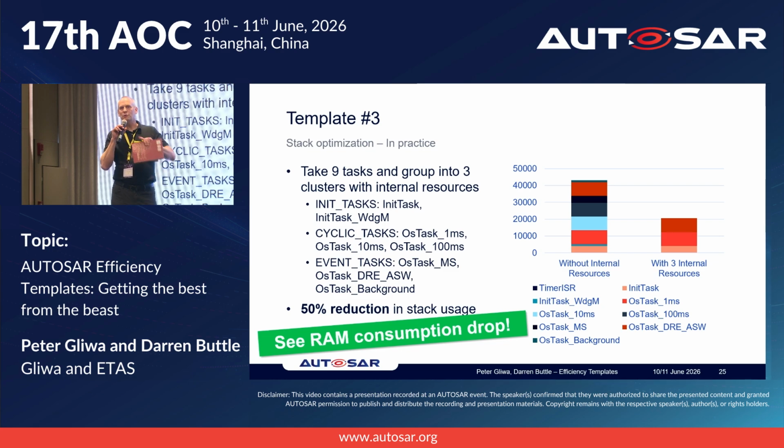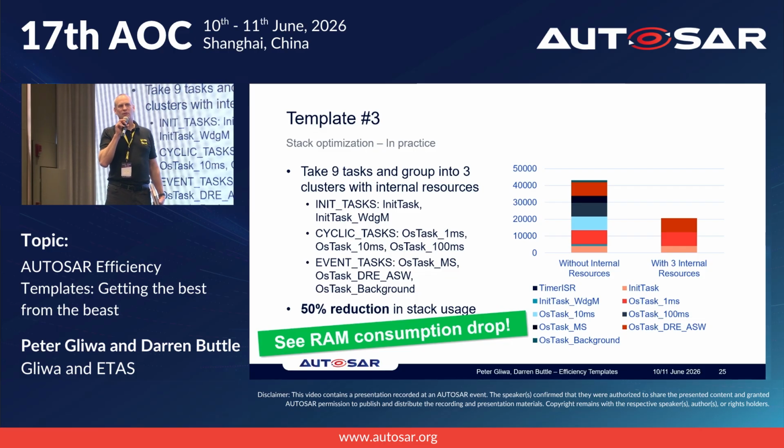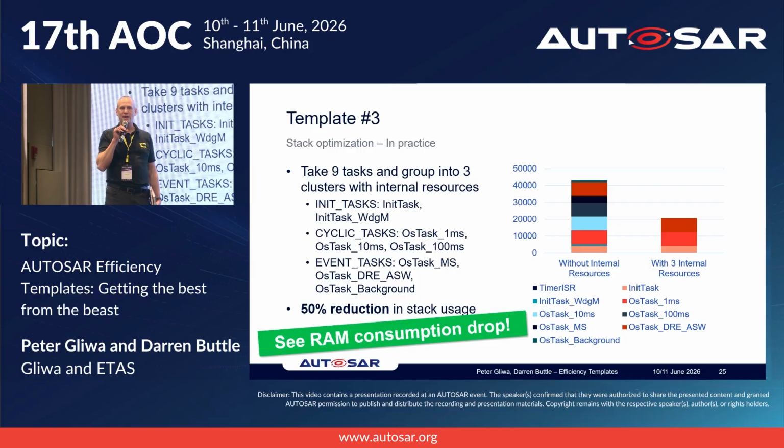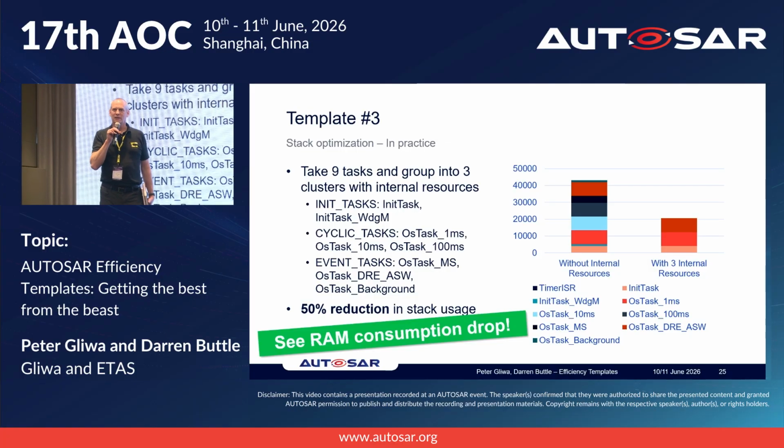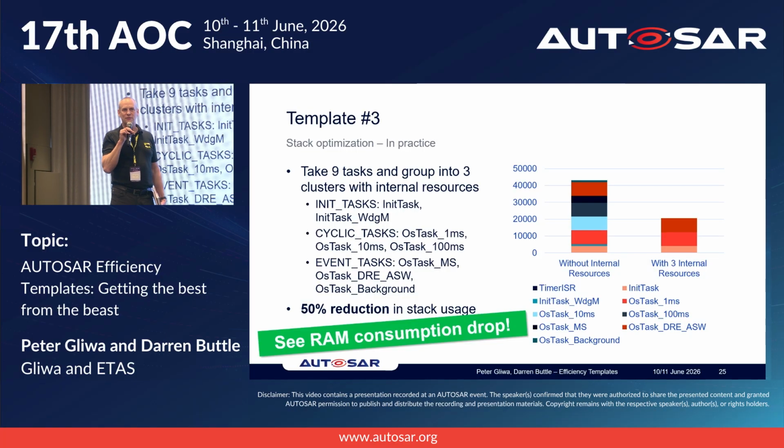That reduced the RAM again, and so we ended up with 5% of the initial stack consumption for RAM. So from 100% to 5% RAM. The stack now was so small that it actually kind of locked itself into cache, which then made the whole thing run dramatically faster. So here was not a trade-off. You save 95% of the stack RAM, and also the whole thing runs much faster.